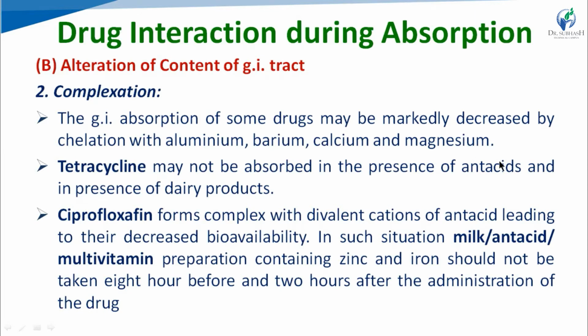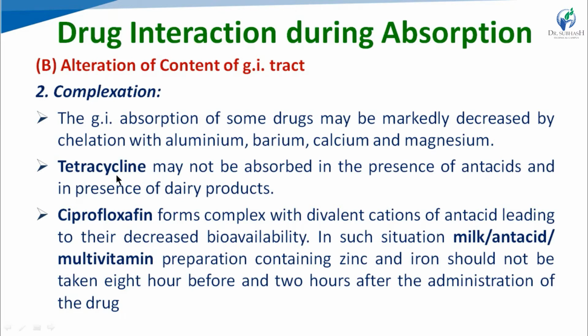For example, tetracycline may not be absorbed in the presence of antacid and dairy products, because antacids and dairy products contain metals, so they are not properly absorbed. And here there will be the formation of a poorly soluble salt.